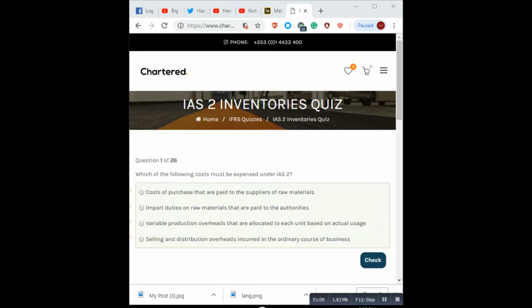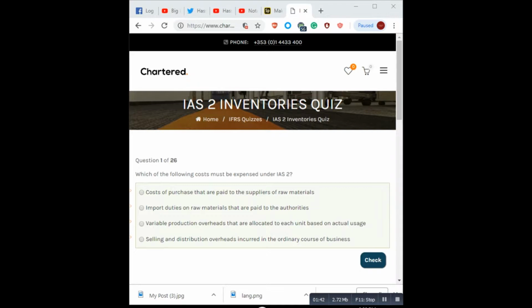So the first question is: which of the following costs must be expensed under IAS 2? Cost of purchase that are paid to the suppliers of raw materials, import duties on raw materials that are paid to the authorities, variable production overheads that are allocated to each unit based on actual usage, and selling and distribution overheads incurred in the ordinary course of business.